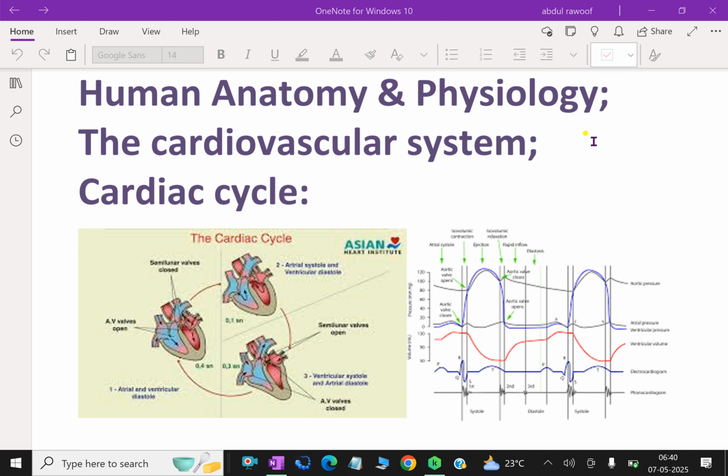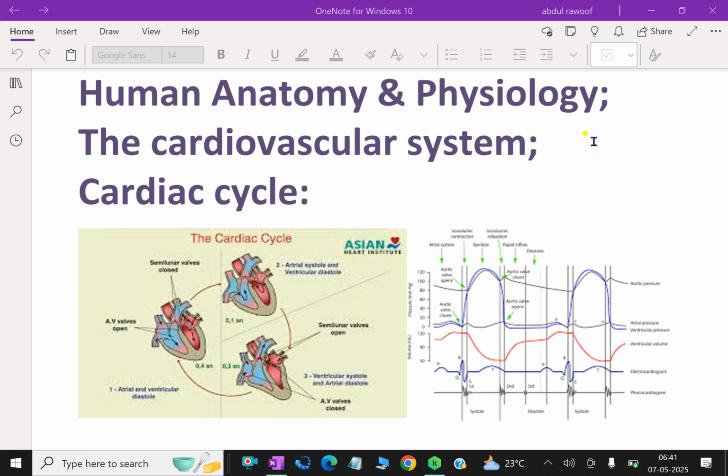This recording, called the electrocardiogram, that is ECG, shows the spread of the electrical signal generated by the SA node as it travels through the atria, the AV node, and the ventricles. The normal ECG tracing shows 5 waves, which by convention have been named P, Q, R, S, T.